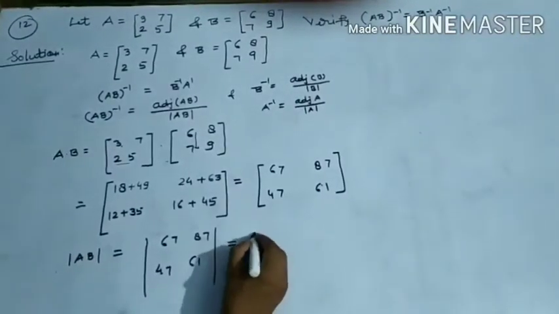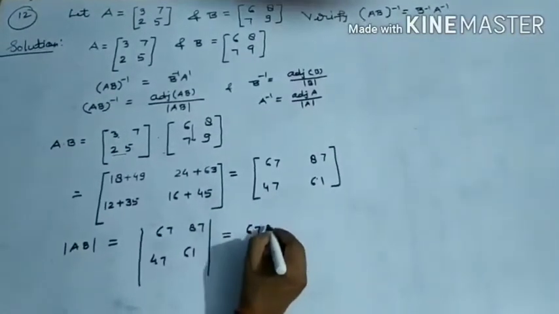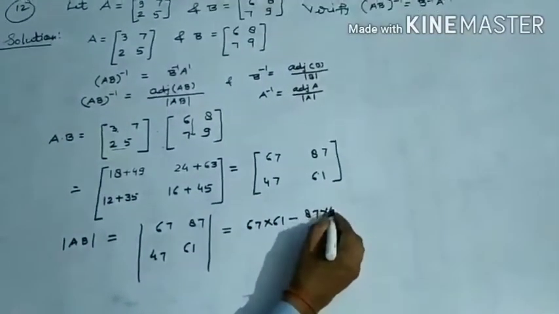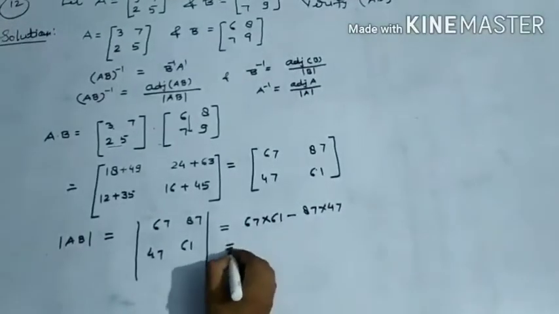So this is equal to 67 into 61 minus 87 into 47.